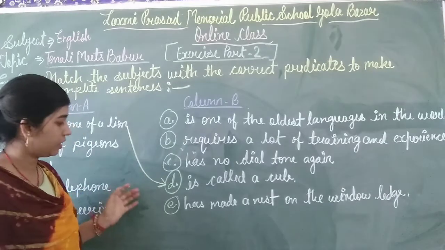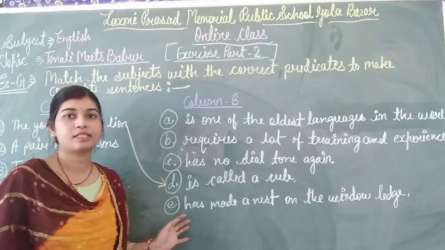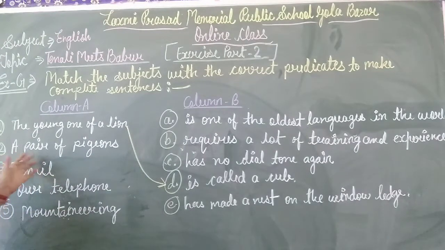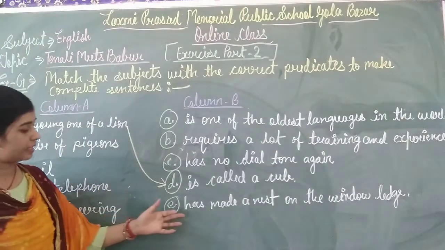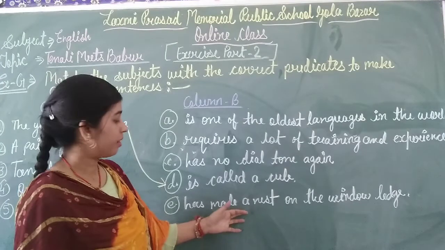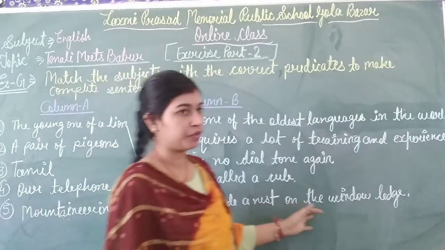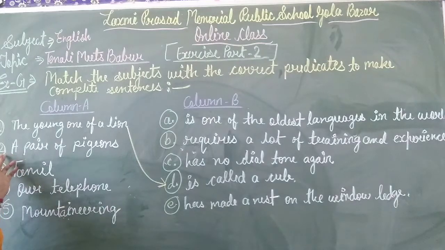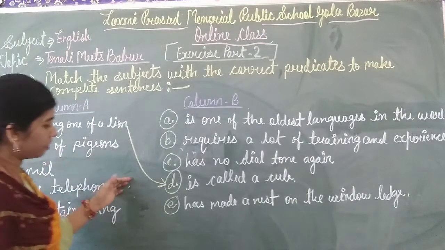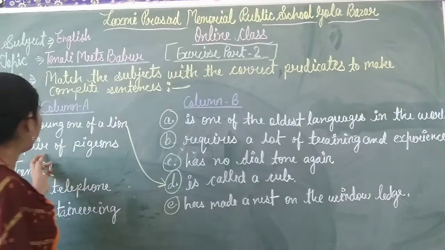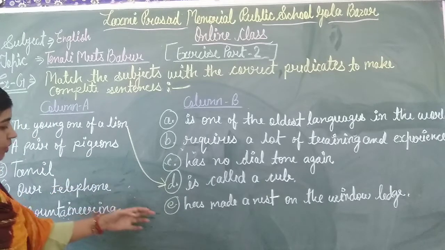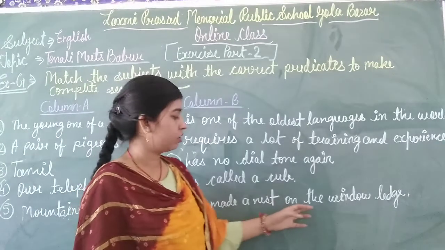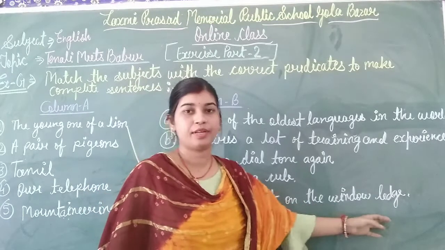Correct option is E, and we match number 2 with option number E, that is has made a nest on the window ledge. A pair of pigeons will match with has made a nest on the window ledge.